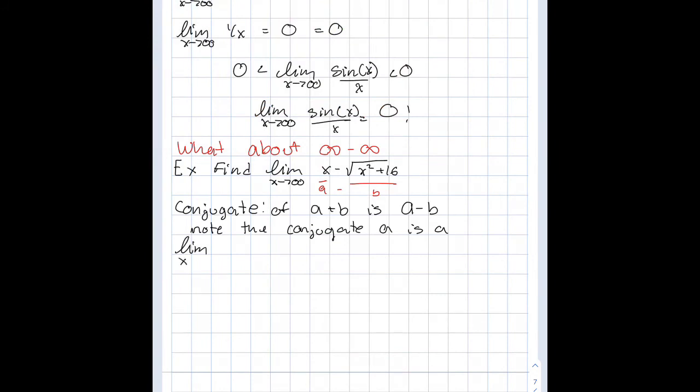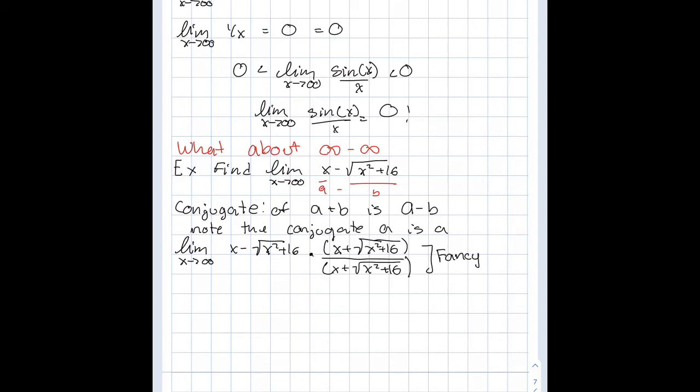So I'm going to take the limit as x approaches infinity of x minus the square root of x squared plus 16, times x plus the square root of x squared plus 16, divided again by the same thing. We love to multiply by a fancy one.